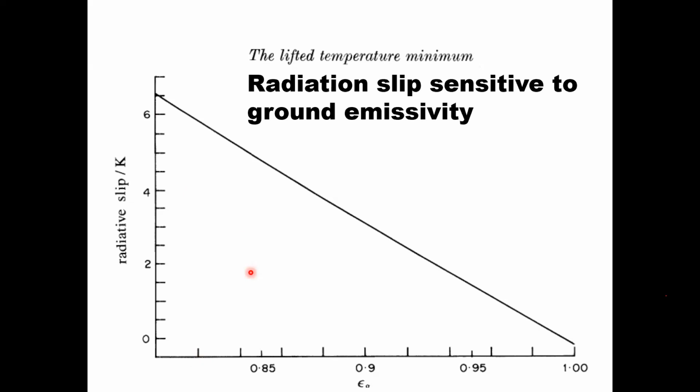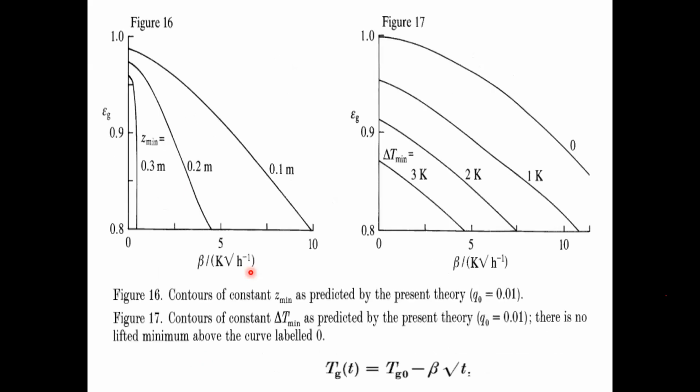Now, Vasudeva Murthy looked at how the location of the minimum above the ground depends on the ground cooling rate. Ground cooling rate is simulated as follows. And you can see that if the ground cooling rate is very high, the minimum comes close to the ground.